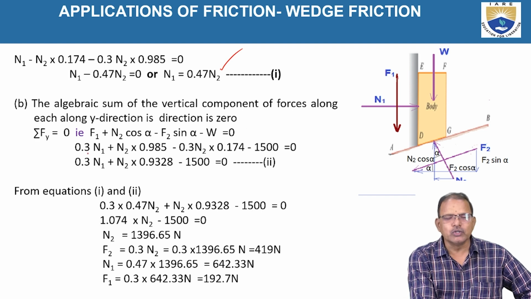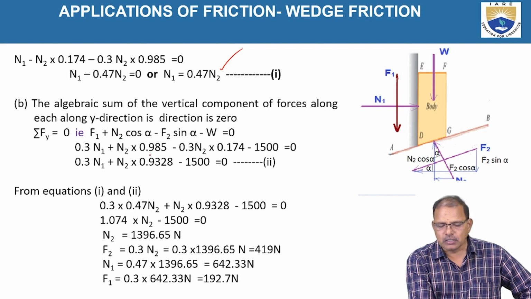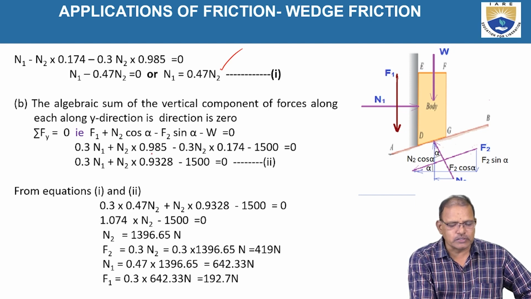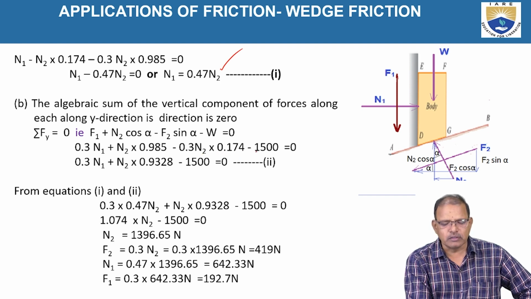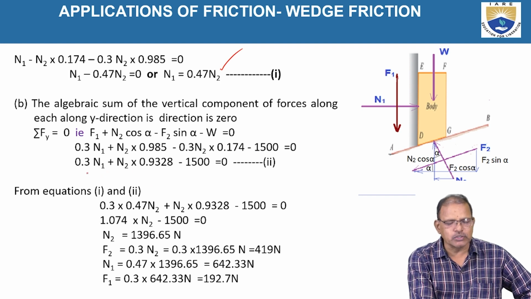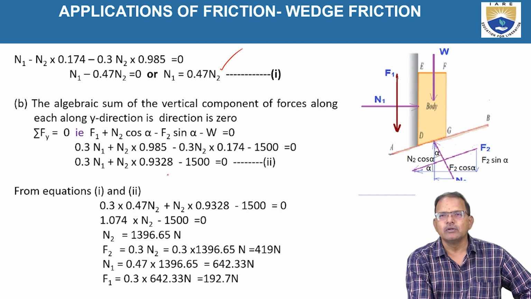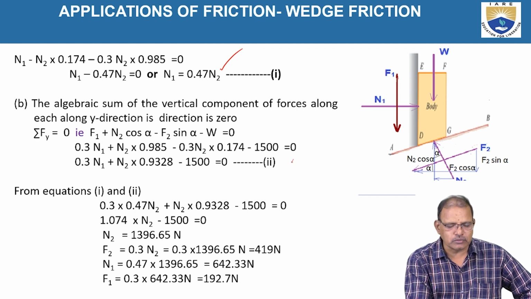With F1 equal to mu N1, 0.3 N1, plus N2 into cos alpha, cos 10 degrees being 0.985, minus F2 equal to 0.3 N2 into sin alpha, sin 10 degrees being 0.174, minus the weight 1500 is equal to 0. From this relation, we get 0.3 N1 plus N2 into 0.9328 minus 1500 is equal to 0.